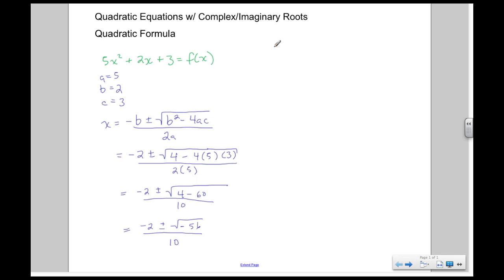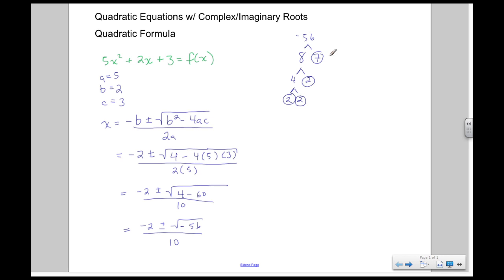We'll continue up here at the top. We're going to take that negative 56, and I'm going to do the prime factorization. I know that 8 times 7 gives me 56. To get 8, that's 4 times 2. And to get 4, that's 2 times 2. So now I've broken that 56 down into all of its prime factors.